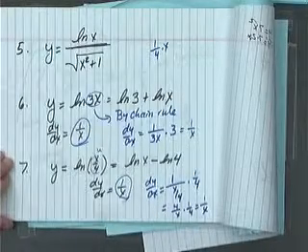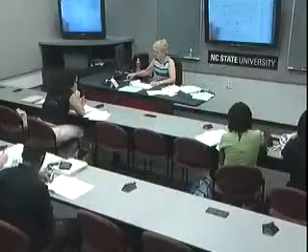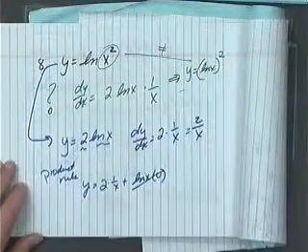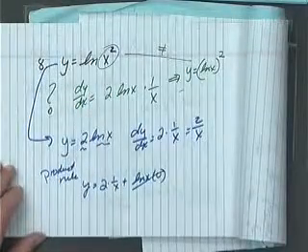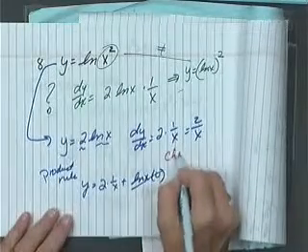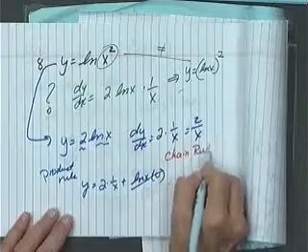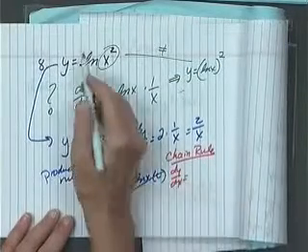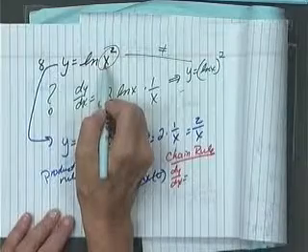Everybody good? Okay, let's look at the next one, and let's use the chain rule. Here's my u part. Let's do it in orange so things look different. The derivative, it's natural log of u.